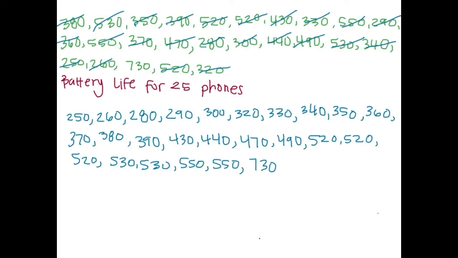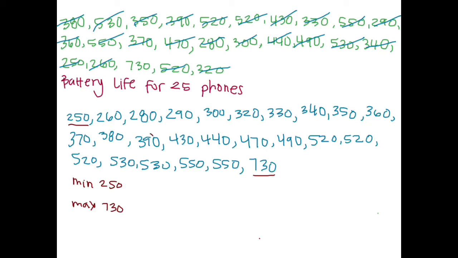So my minimum, my smallest number, is 250. My maximum or largest number is 730. And then I'm going to count into the middle to find the median. So counting from the bottom, I have 1, 2, 3, 4, 5, 6, 7, 8, 9, 10, 11, 12, 13.